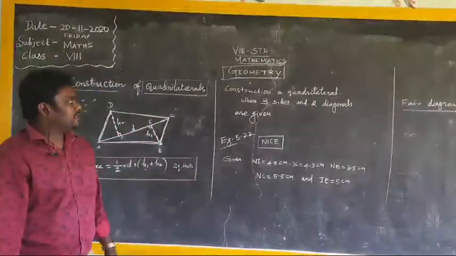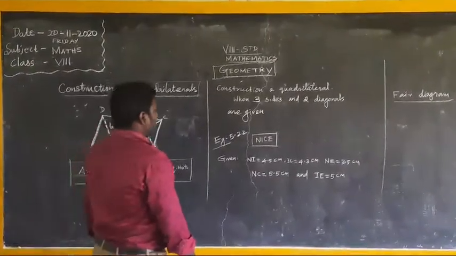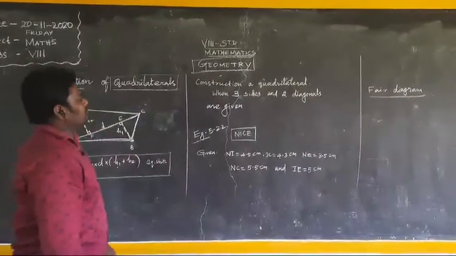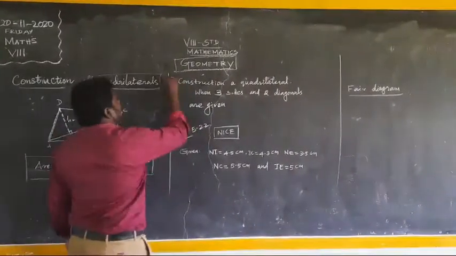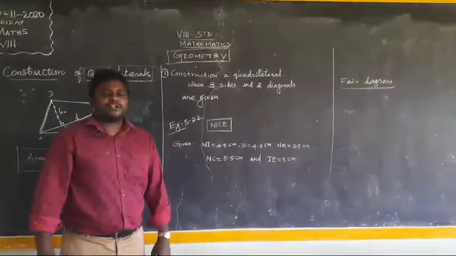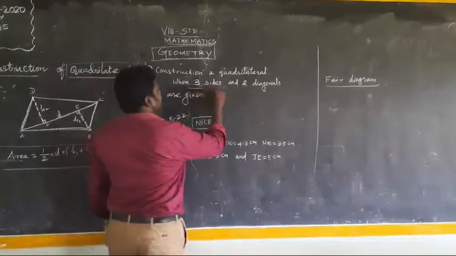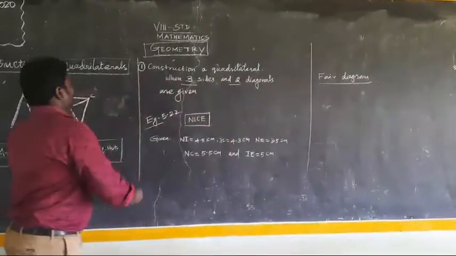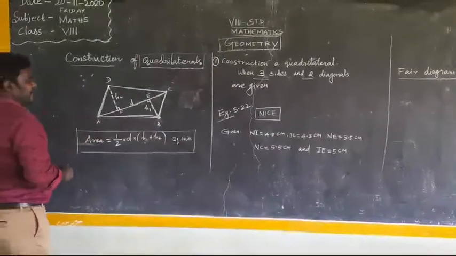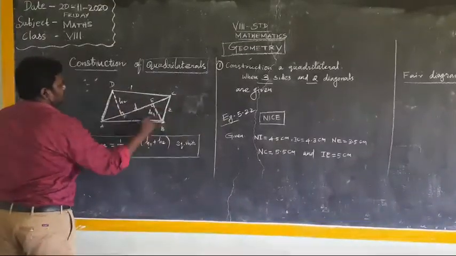In this unit we are going to see example 5.22. This is the first model of construction of the quadrilateral. The first model is when three sides and two diagonals are given. We know that a quadrilateral has four sides: 1, 2, 3, 4.